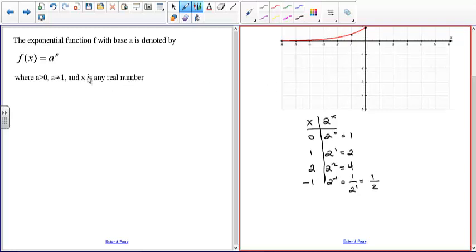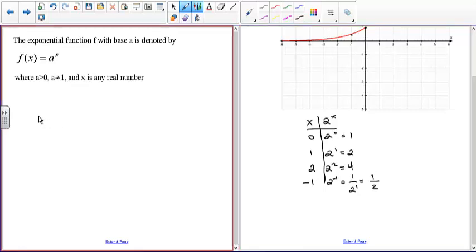And that's one thing to consider in terms of exponential functions. We kind of understand things like y equals 2 to the x, where x is a positive integer.